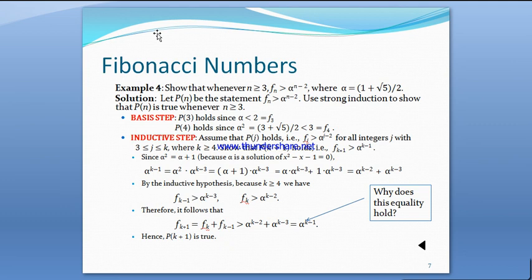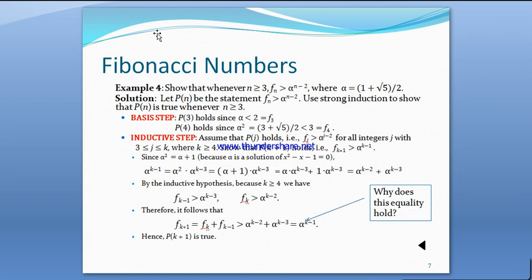Similarly, to prove that P of 4 holds, let us consider n equal to 4 in the given inequality. As a result, we get alpha square is equal to ((1 plus root 5) by 2) the whole square, which is (3 plus root 5) by 2, which is less than 3, but 3 is equal to f4.